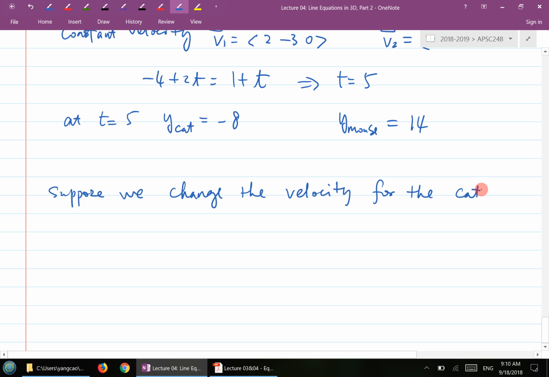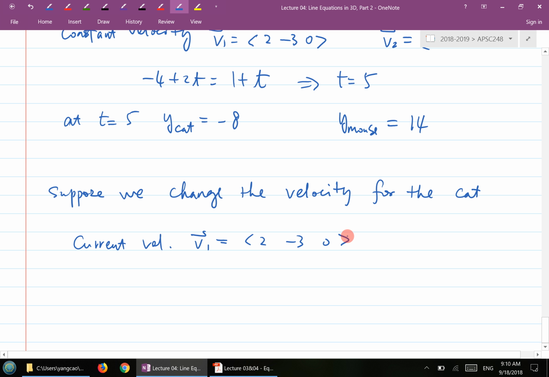That's the point here. So let's think about it. Changing the velocity basically means, what's the current velocity? The current velocity is v1 equal to 2, negative 3, 0.